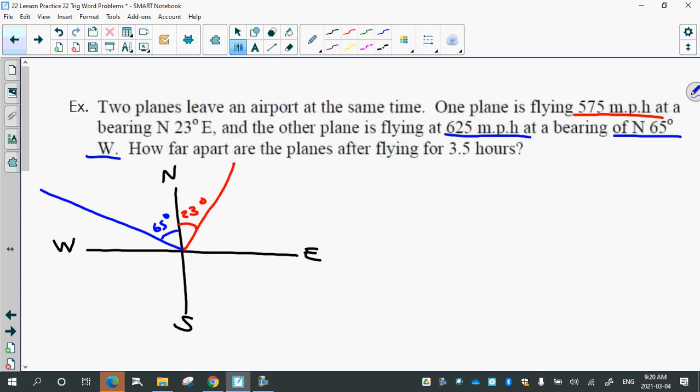Okay. All right, now we want to talk about 3.5 hours. So 575 miles per hour means in 1 hour you go 575 miles. So how would you figure out how far you've gone in 3.5 hours?